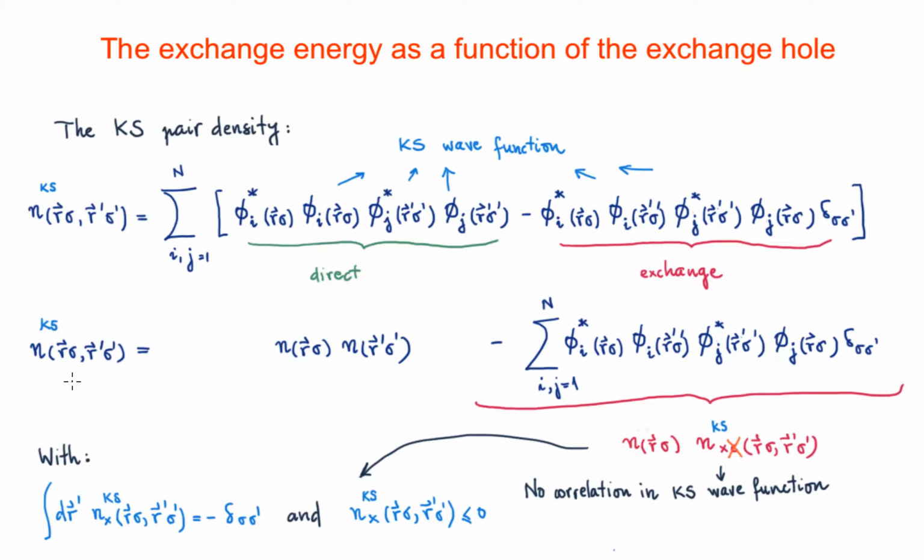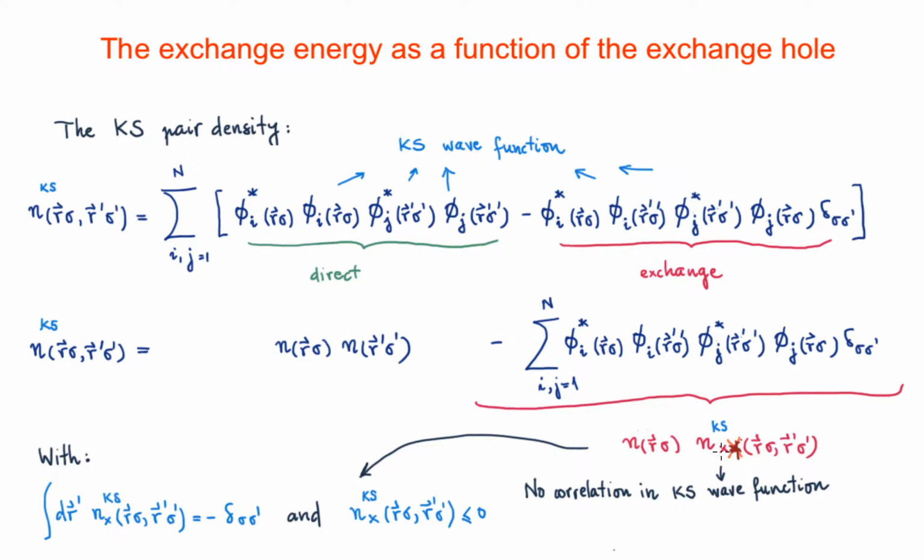Considering the definition of the pair density, we could write the pair density as a product of the two densities plus the density times the exchange and correlation hole within the constant approximation. But as we are considering here the constant wave function, where there is no correlation, if we connect that definition with the expression we have here, there is just the contribution associated to the exchange.